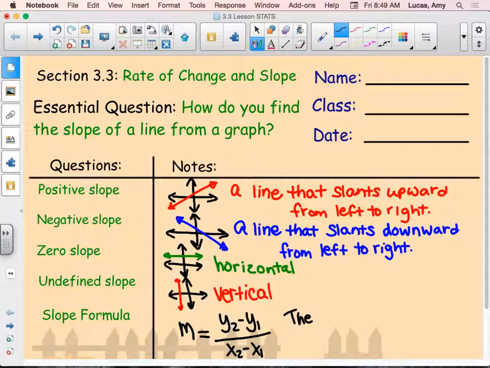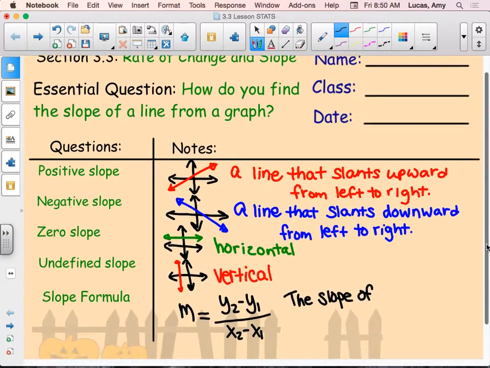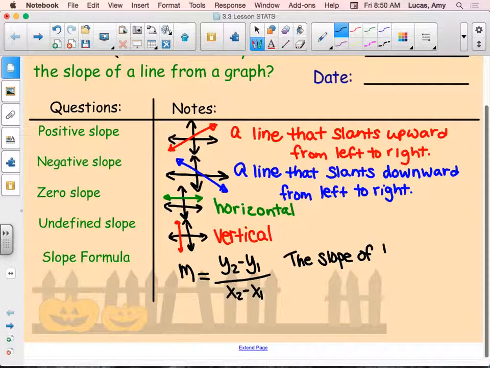through any 2 points on a coordinate grid. So the slope of any 2 points. The line through, I should say. The slope of the line through any 2 points.